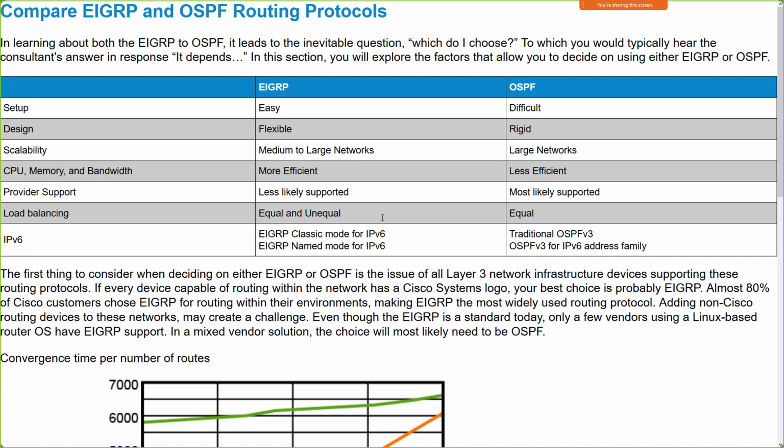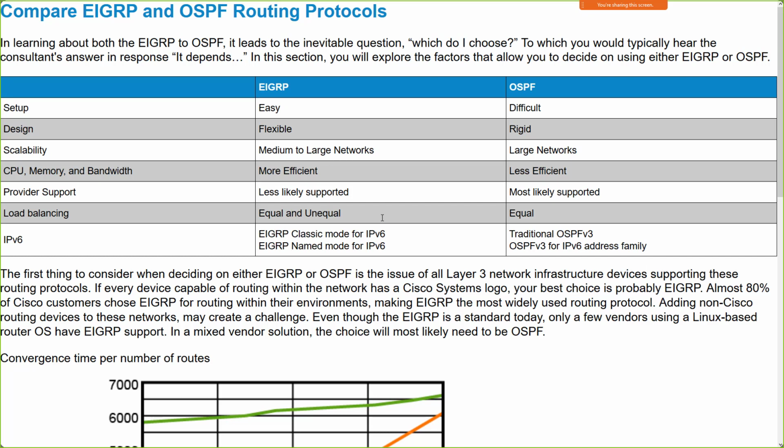The setup of EIGRP is relatively simple, mainly because EIGRP operates in a flat design, right? OSPF, excuse me, operates in a hierarchical design. It can be implemented in a flat architecture if you just do a single area OSPF, but most people that choose to implement OSPF will use the hierarchy, the spine and leaf hierarchy, to implement it. But the protocols themselves are relatively simple to implement.